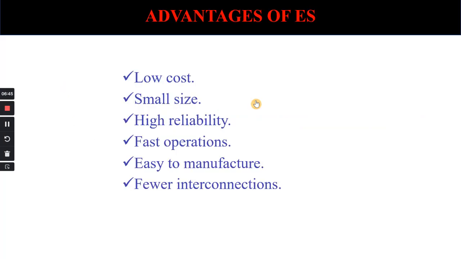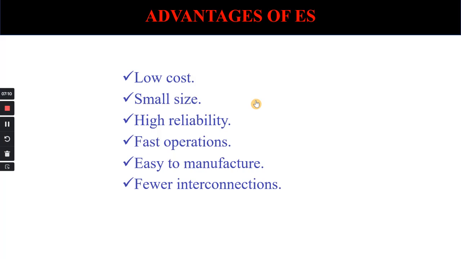What are the advantages? Simply, the advantages are low cost, small size, and high reliability. Low cost means very less in price, and as we discussed earlier in importance, it is small in size. What is high reliability? It can be easily changeable or easily convertible. Anyone can use it, right?